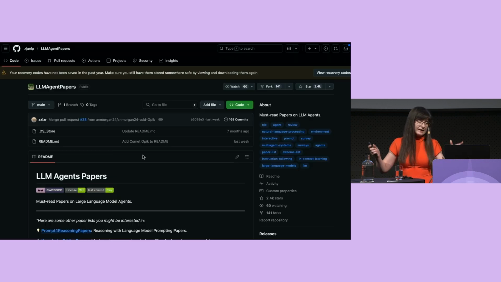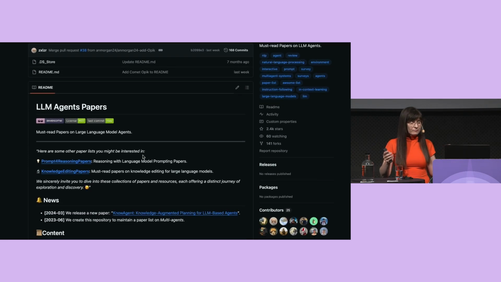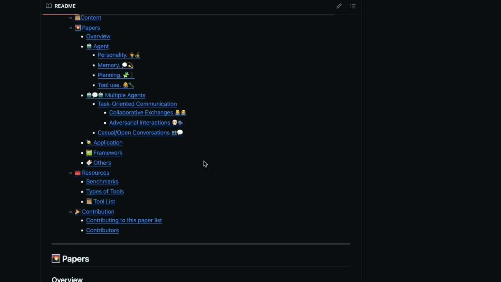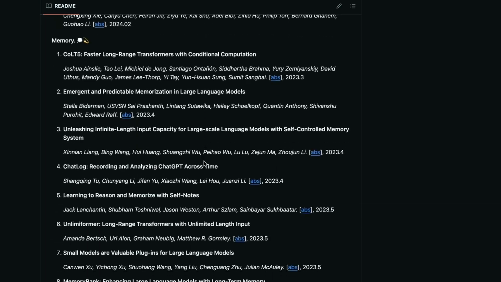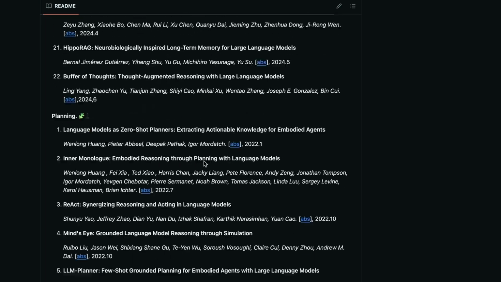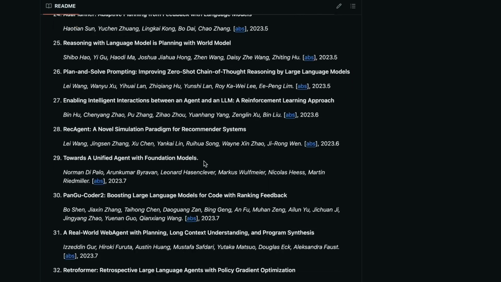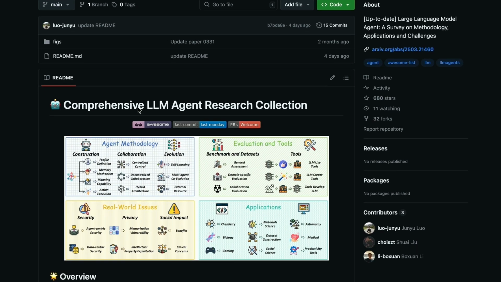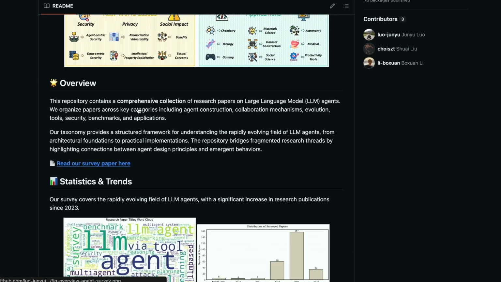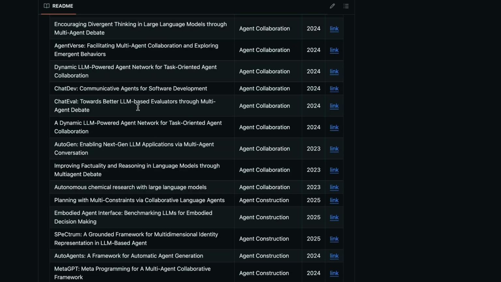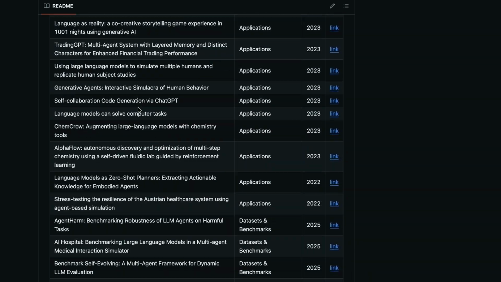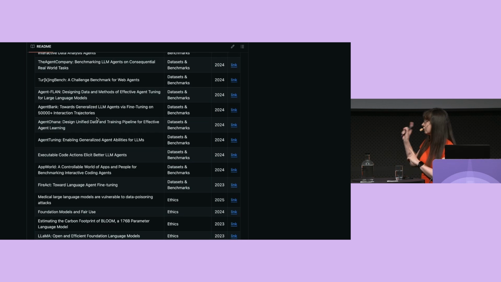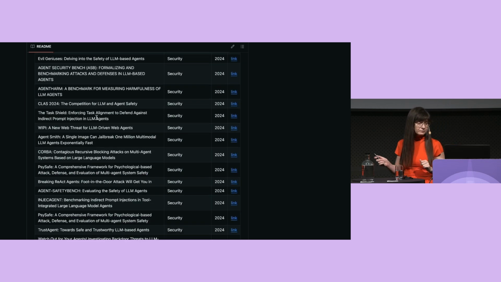Let me find some links to the latest papers on LLMs related to agents. And I found this GitHub repository, and it's a huge number of latest papers. Then another GitHub repository with some other collection. So there is so much research done in the area, and I'm not going to cover even a small fraction of that, even though I will share those links with you at the end.